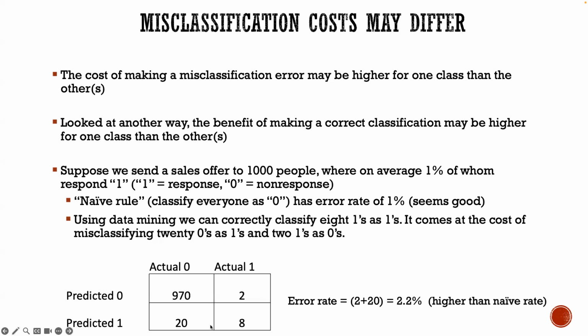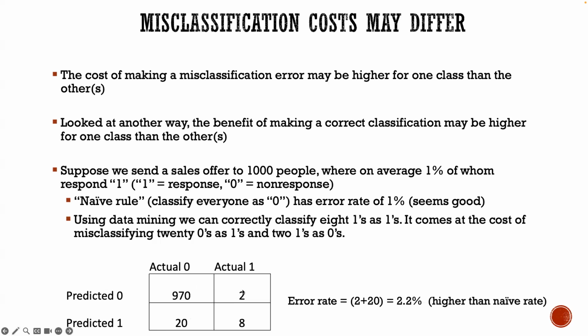And it comes at a cost of misclassifying 20 zeros as ones. Right? So suppose once you learn the classification model, our data mining model classified 20 of these zeros also as one. So that's an error, right? It's a misclassification.